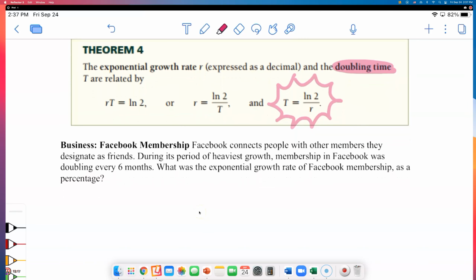Facebook membership. Facebook connects people with other members they designate as friends. During its period of heaviest growth, membership in Facebook was doubling every 6 months. Oh, wow. What was the exponential growth rate of Facebook membership as a percentage? I was going to use the doubling time formula, but they already gave us that the doubling time is 6 months.